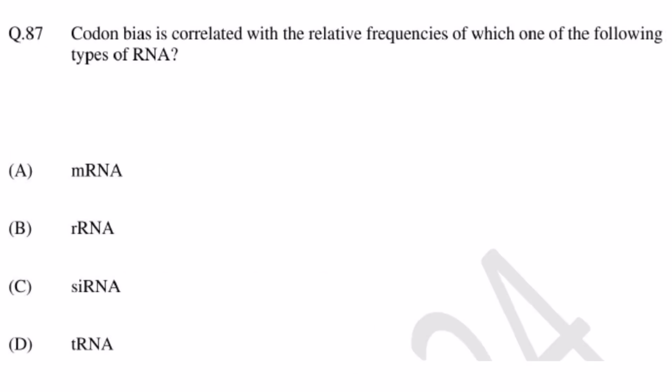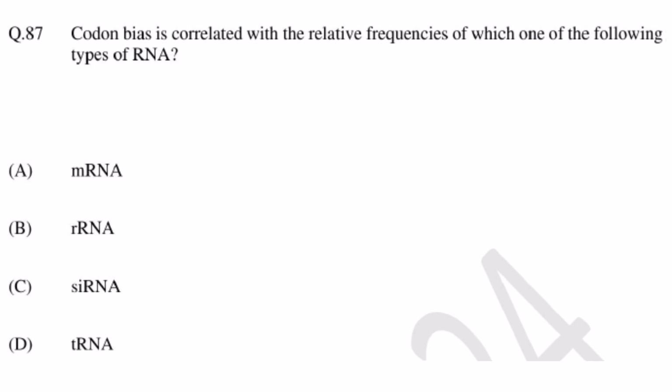Then, codon bias is correlated with the relative frequency of which one of the following types of RNA? So codon bias, I can tell you that the genetic code is degenerate. That is, one amino acid can be coded by different codons, but the cell of one particular organism will have a bias towards one of the codons out of the many which code for the same amino acid.